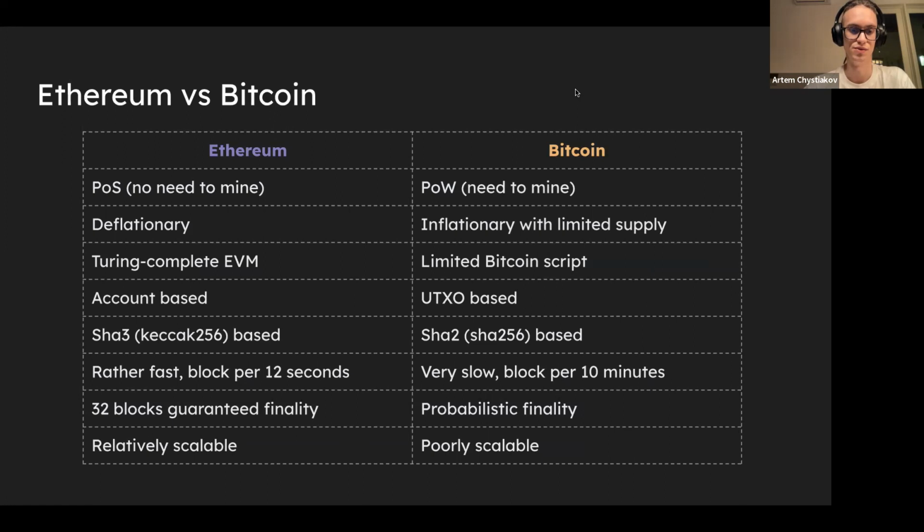And in order not to place constraints onto the nodes, because they would have to be super powerful and have a really quick internet connection, it was just decided to make it 12 seconds per block, and everyone agreed.